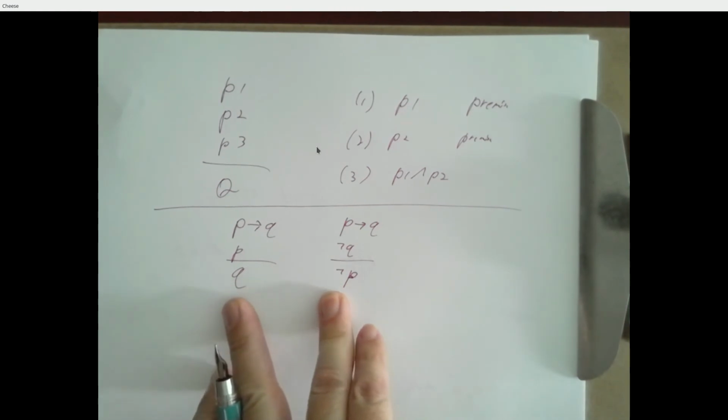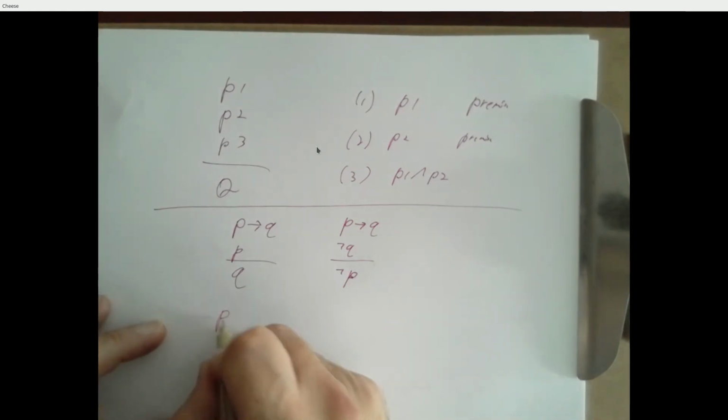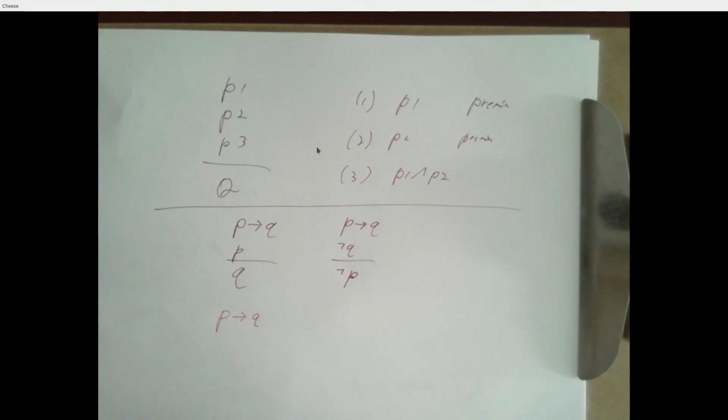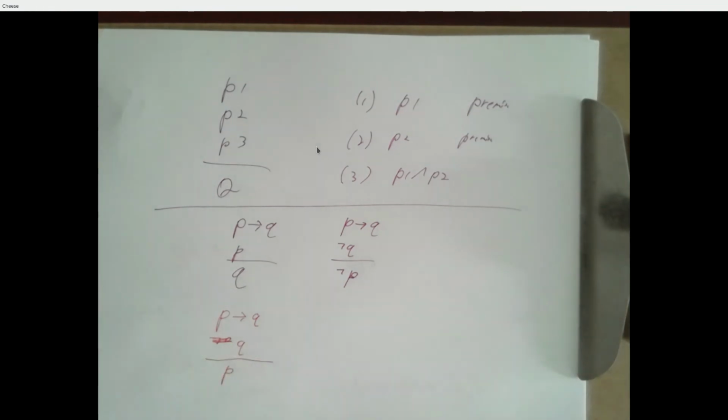There's fallacies that go along with these. So one fallacy, if P then Q, Q, therefore P. So if P is true, then Q is true.